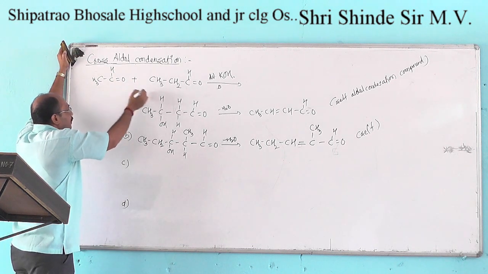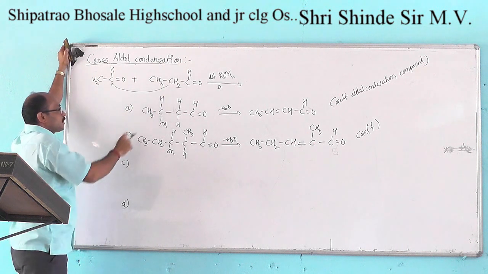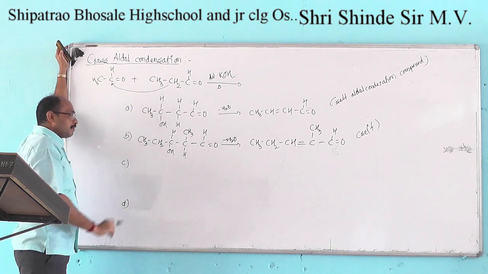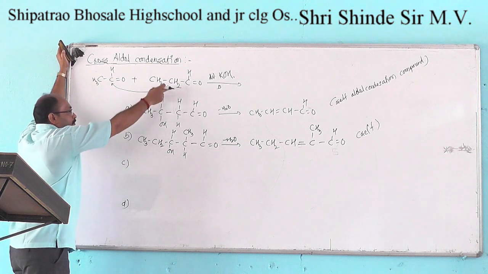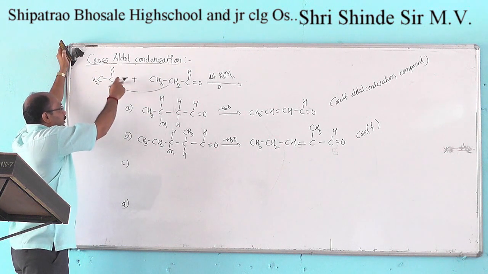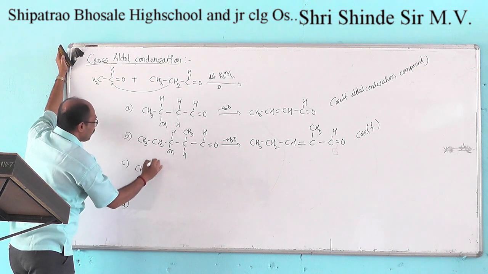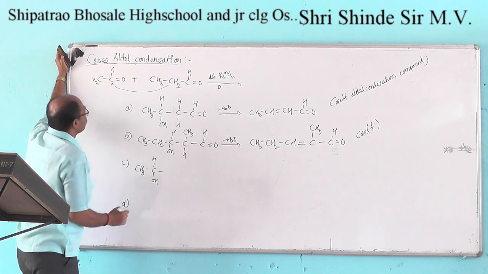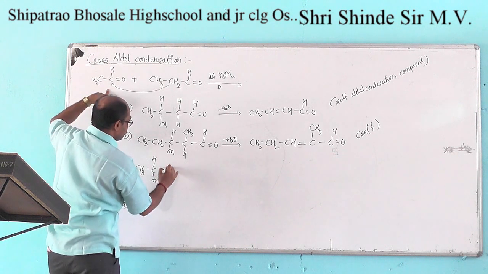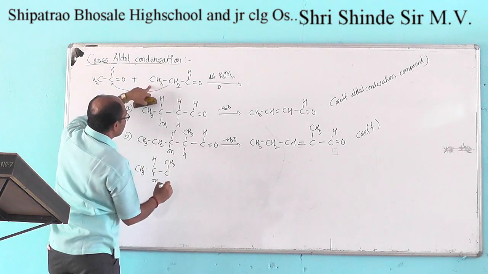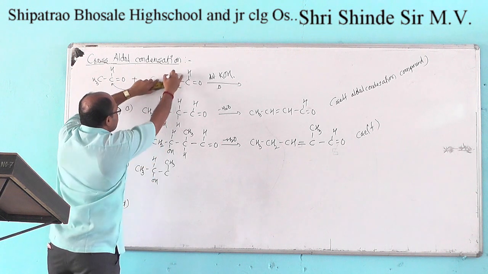Now, the next ones are the actual cross aldol condensation products. We have the attack of this alpha carbon, with removal of the alpha hydrogen from this carbon, to form the corresponding products. How can they make a product? CH3, CHOH, CH3. I am drawing it like this.